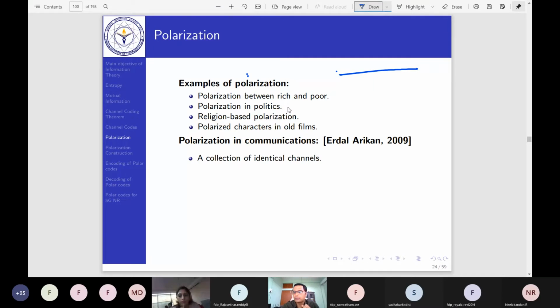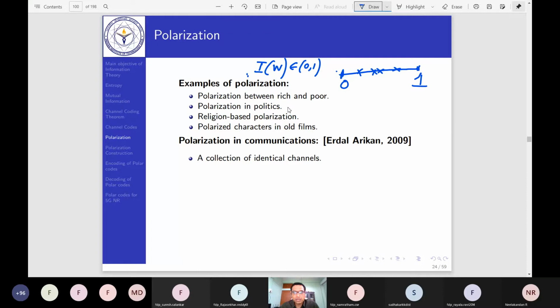Suppose we have the mutual information for a binary input channel. This will lie between 0 and 1. Initially, suppose we are considering 4 channels, and the values might be arbitrarily distributed between 0 and 1.